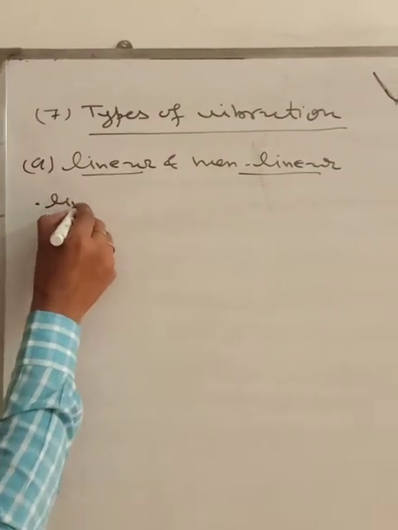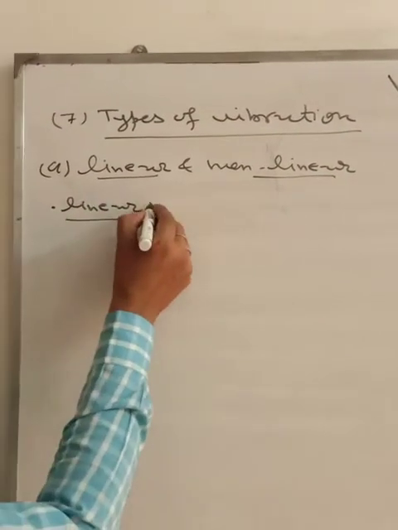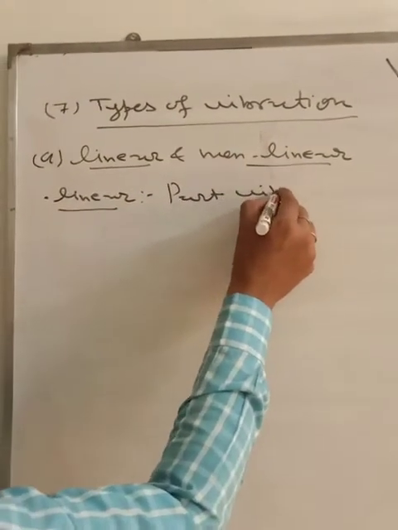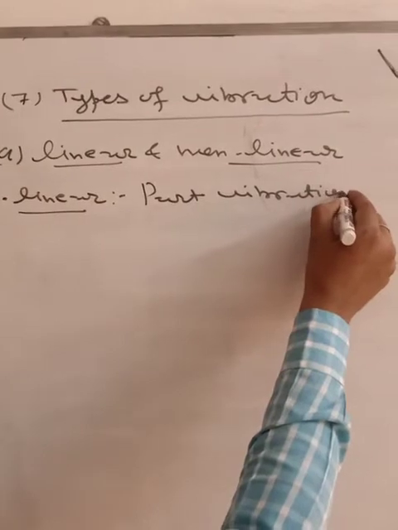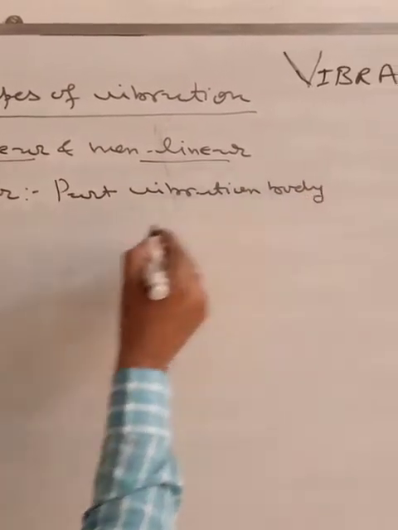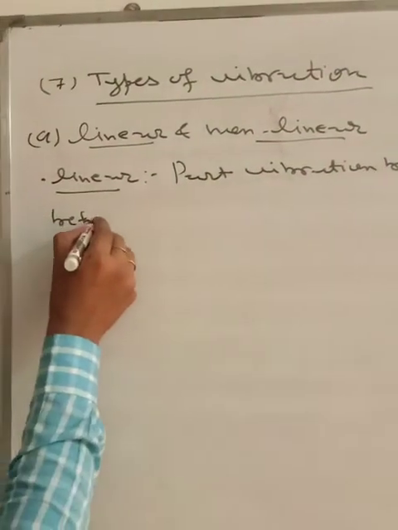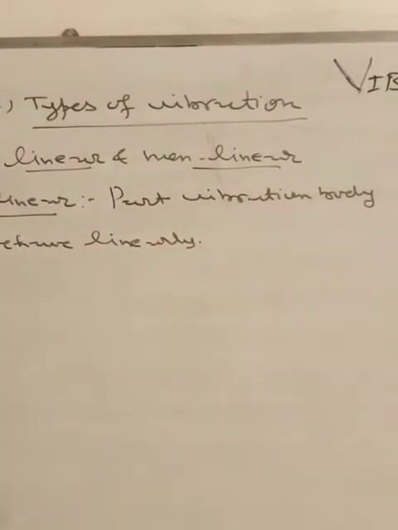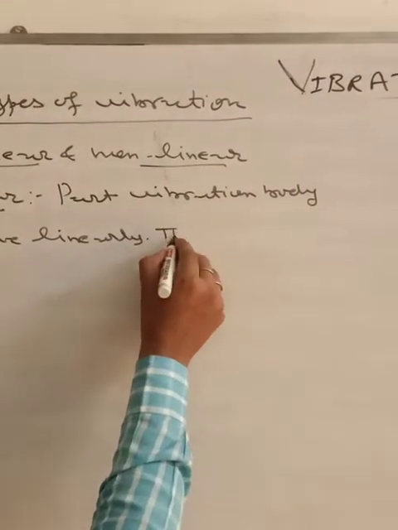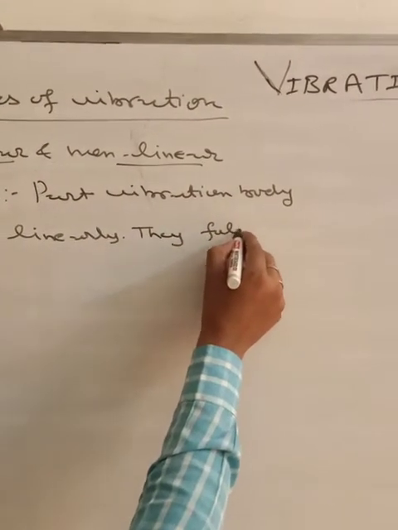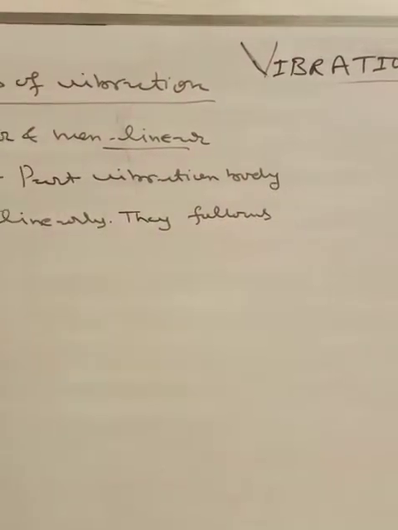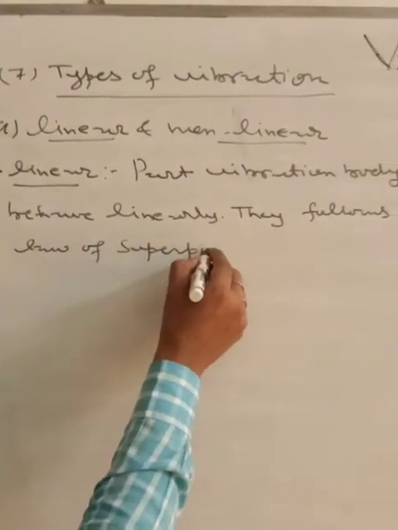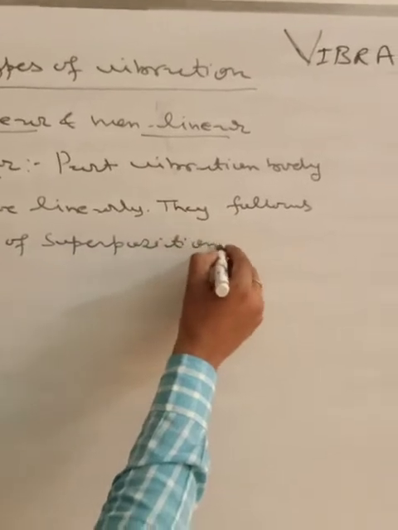In linear vibration, parts of the vibrating body behave linearly and they follow the law of superposition.